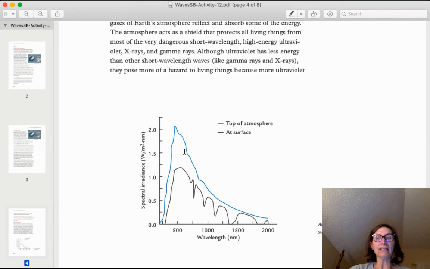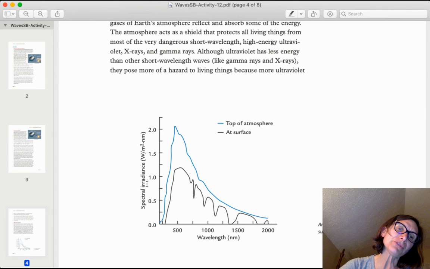So you'll see at the top of the Earth's atmosphere, here in blue, our y-axis is spectral irradiance, watts per meter squared. So that's how much energy, in watts, in this area.